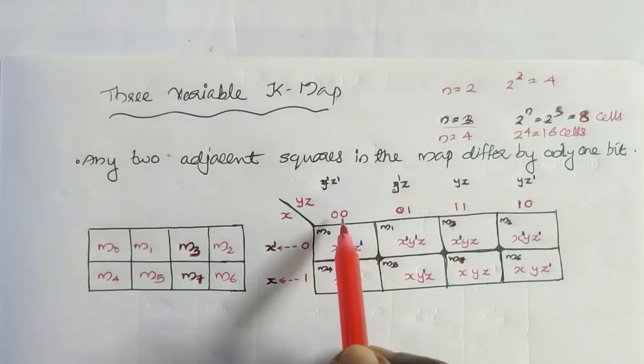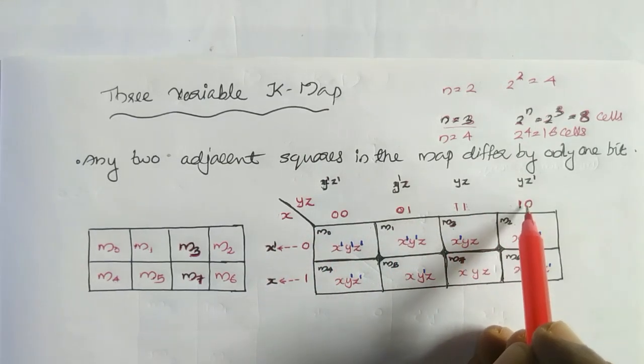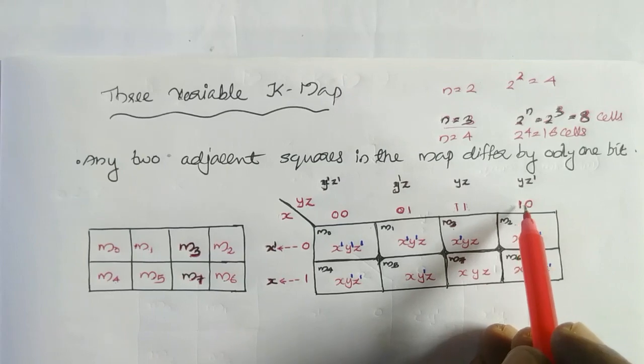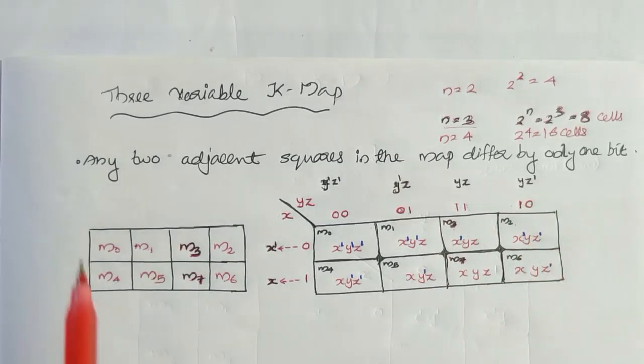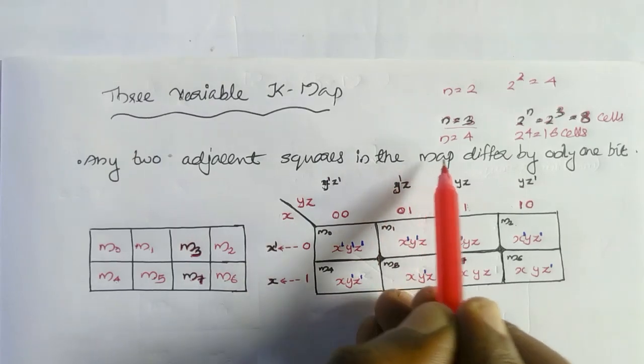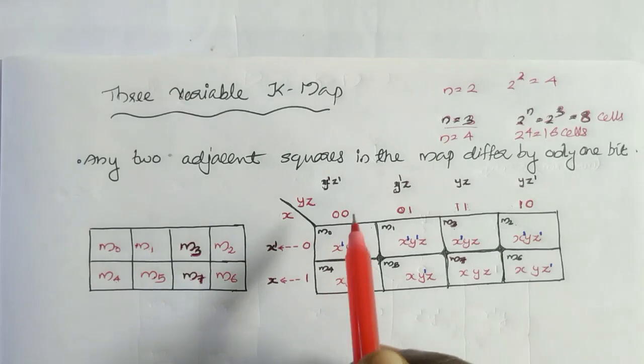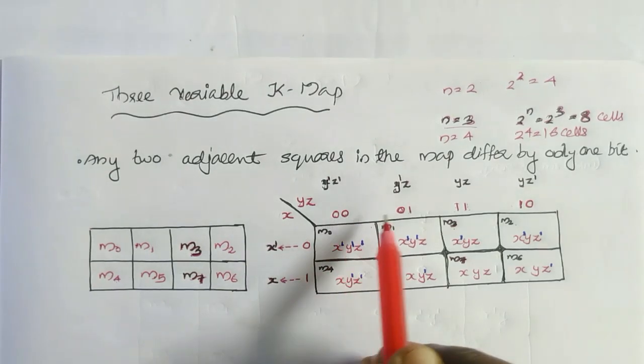As you expect, the values should be 0 0, 0 1, 1 0 and 1 1, but there is a change, right? So I am going to explain how it comes. The first rule is any two adjacent squares in the K-map differ by only one bit. So when you look here, the 0 0 becomes 0 1.